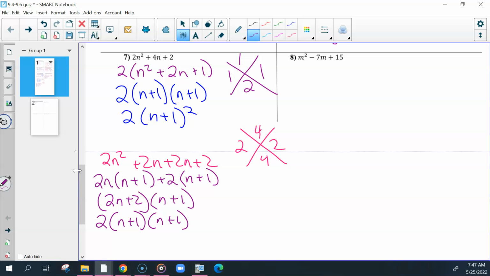For number 8, you were looking for 2 numbers that multiply to be 15, but added to be negative 8, is what that should have been. Some of you had the right numbers, but put the wrong signs. Remember that this was negative 8, so these should have both been negative. So your factors were m minus 5 and m minus 3.